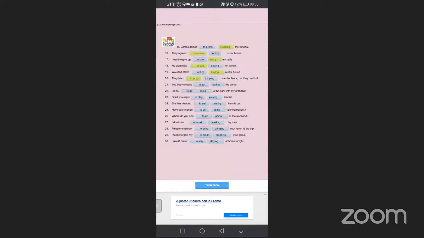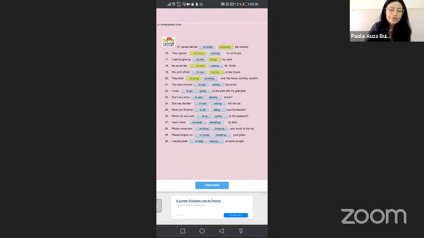The baby refused to eat the puree. Great.